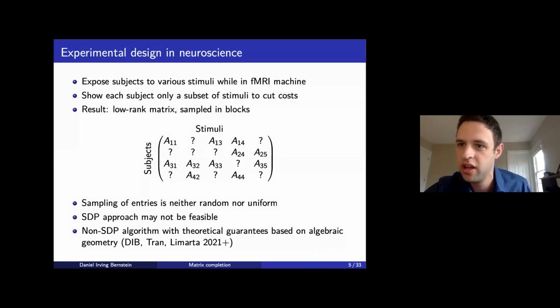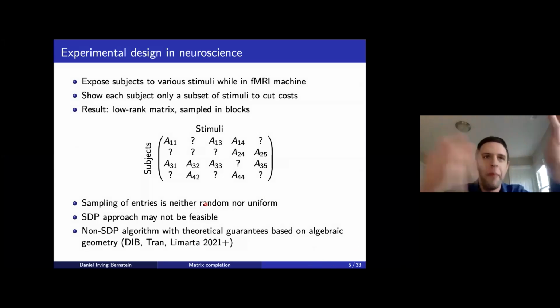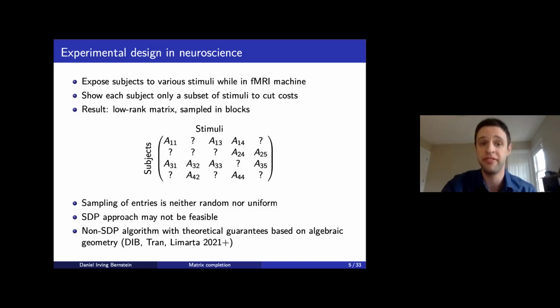What makes this qualitatively different is that you're sampling this matrix in blocks. So the uniform random sampling of entries that is required for the theoretical guarantees of this semi-definite programming relaxation doesn't work anymore.